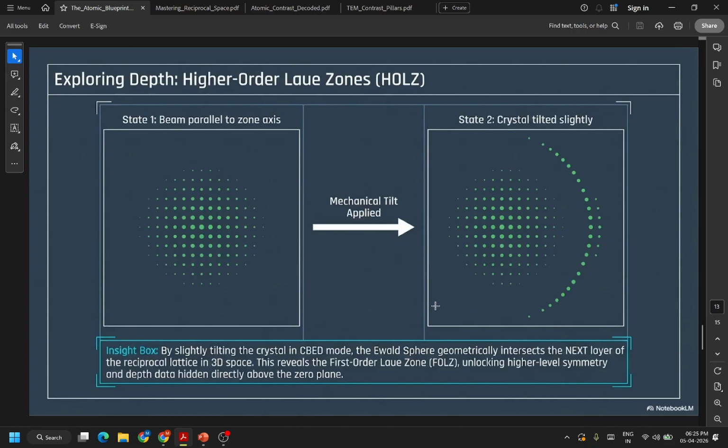This reveals the first order Laue zone, unlocking higher level symmetry and depth data. So if it's parallel, we are only seeing the zeroth order diffraction. But if the sample gets tilted, we also see the first higher order diffractions, which are given by your higher order Laue zones.